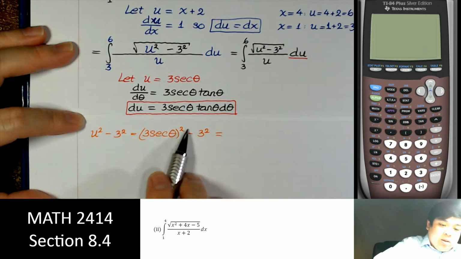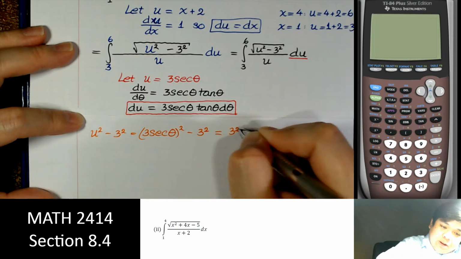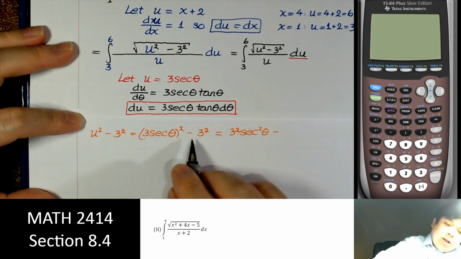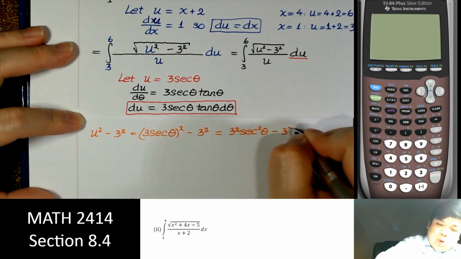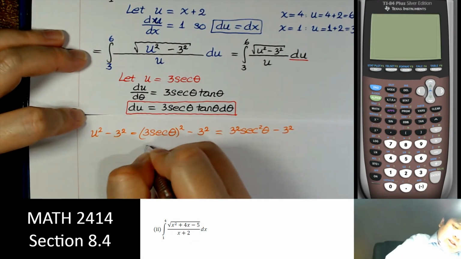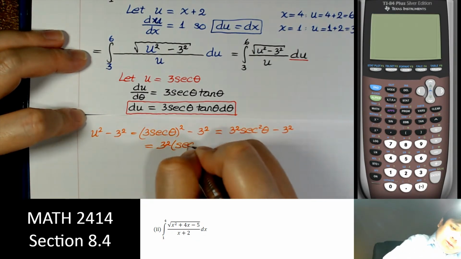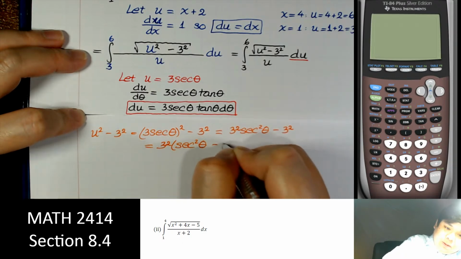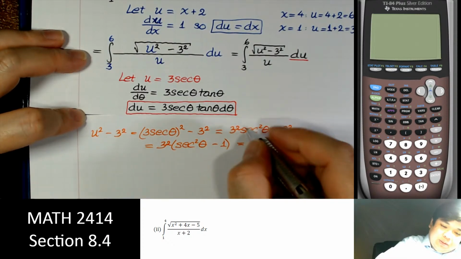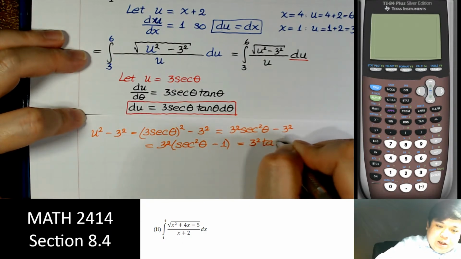Right, square the 3 and square the secant. Usually I won't even bother to do the square, and then factor out the 3 square. And the secant square minus 1 is tangent square.